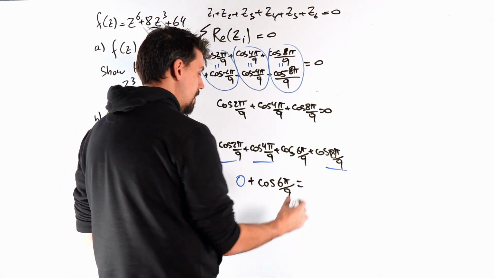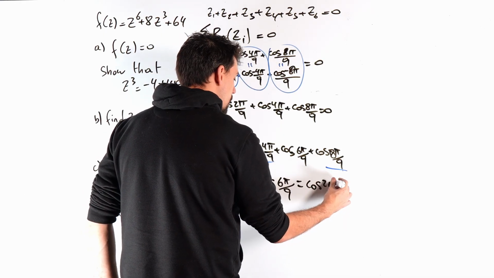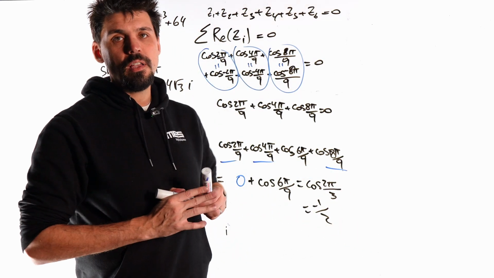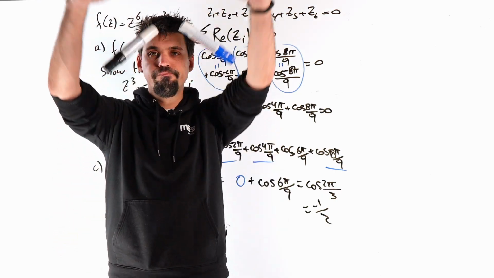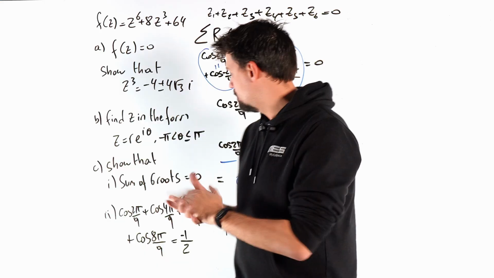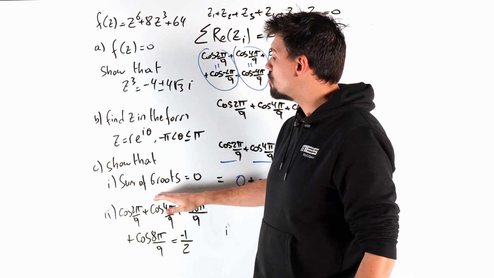And cos of 6 pi over 9, that is cos of 2 pi over 3, which is minus a half as required. Done.